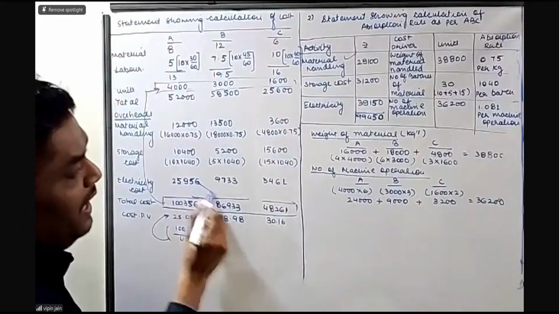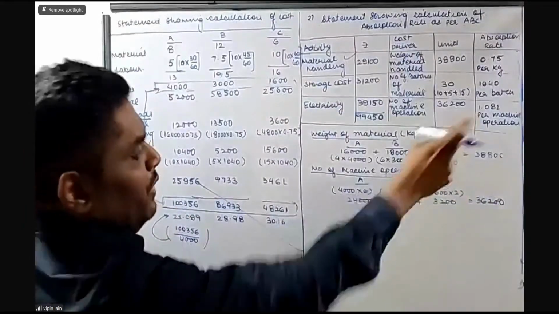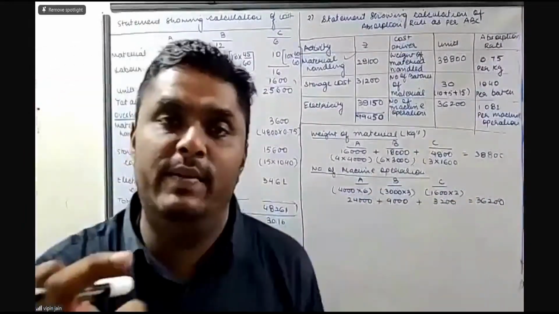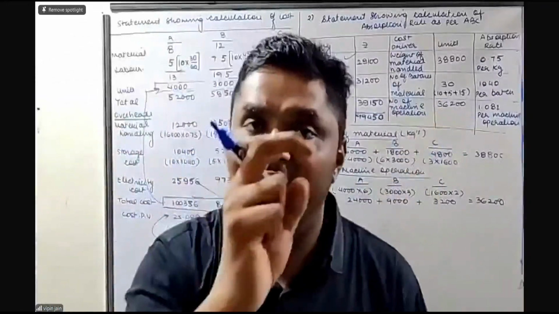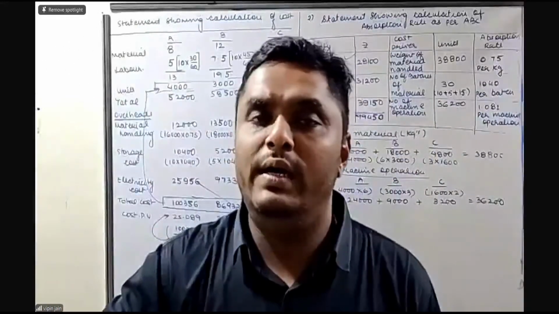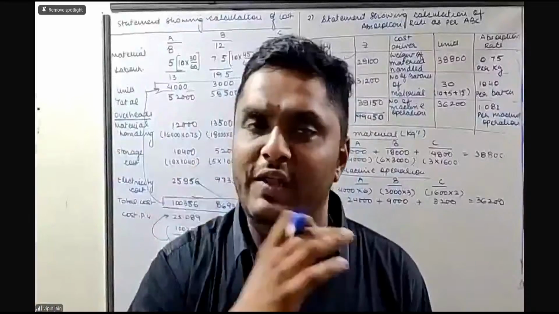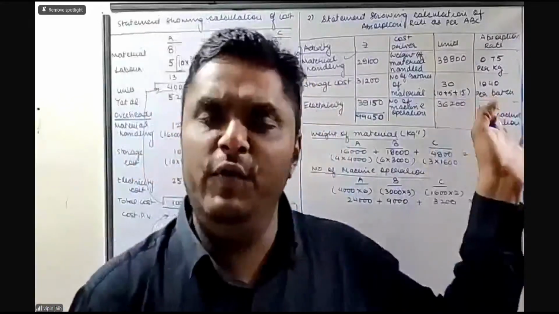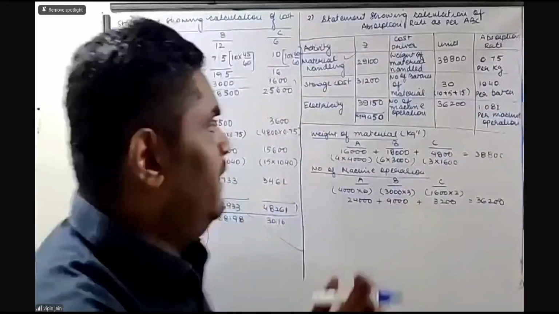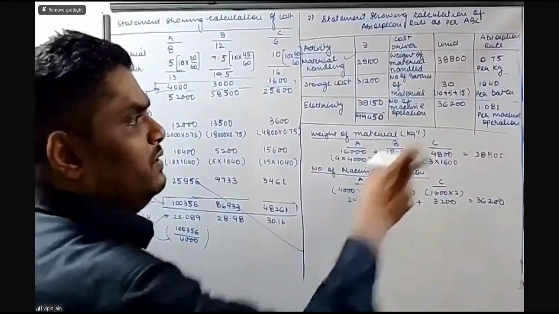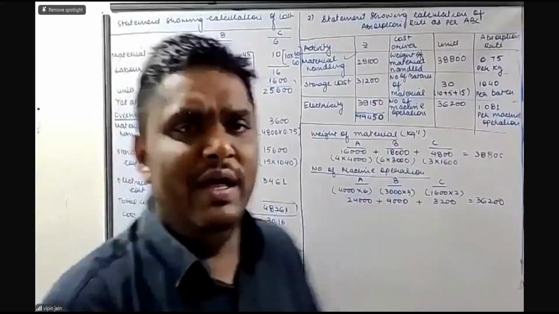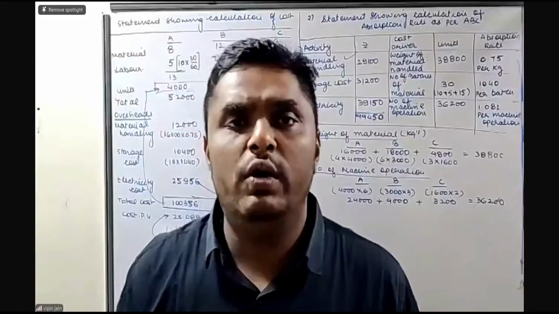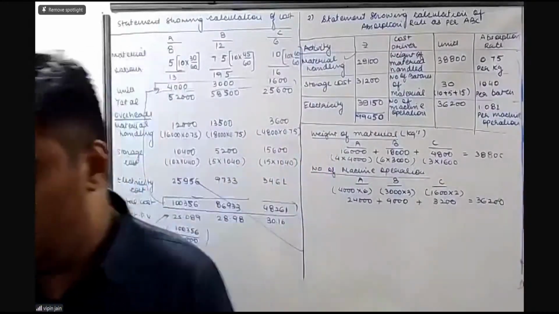I have not taken 1.081. I have taken the full decimal. That is 39,150 divided by 36,200. Whatever the figures that appeared in the calculator, I have taken all the figures. But alternatively, even if you take 1.081 into 24,000, 1.081 into 9,000, 1.081 into 3,200, the answers you are getting are also correct. Don't worry, guys.